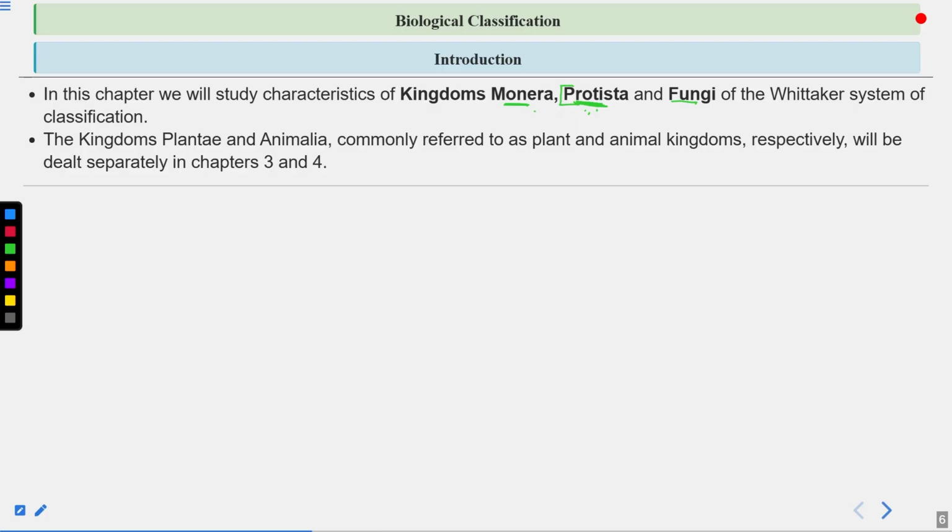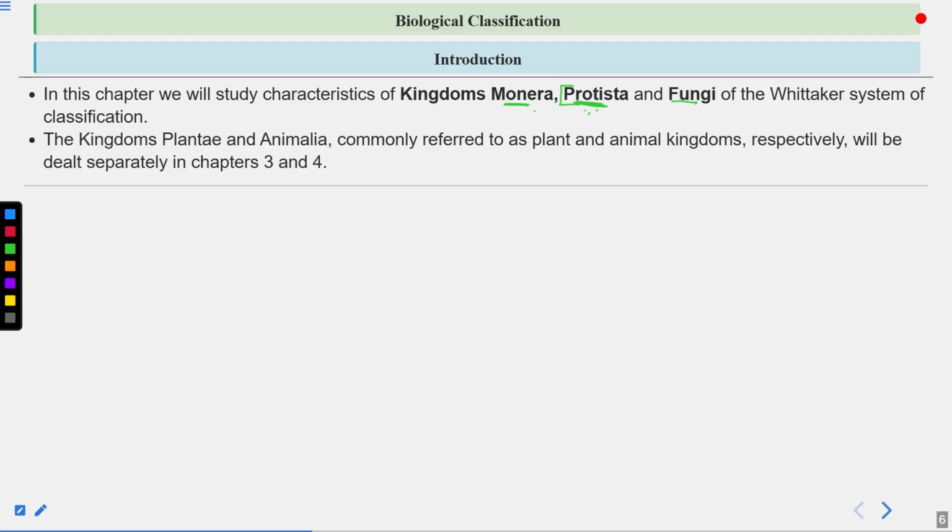Then if we talk about the fungi, the cell wall of fungi is made up of chitin. Then again, fungi are also eukaryotes. Okay. Clear? What is the mode of nutrition in fungi? They are saprophytes, means they are heterotrophs. They feed on dead and decaying organic matter.